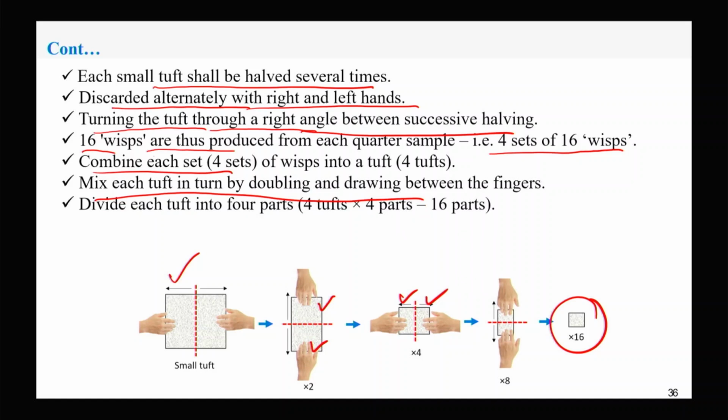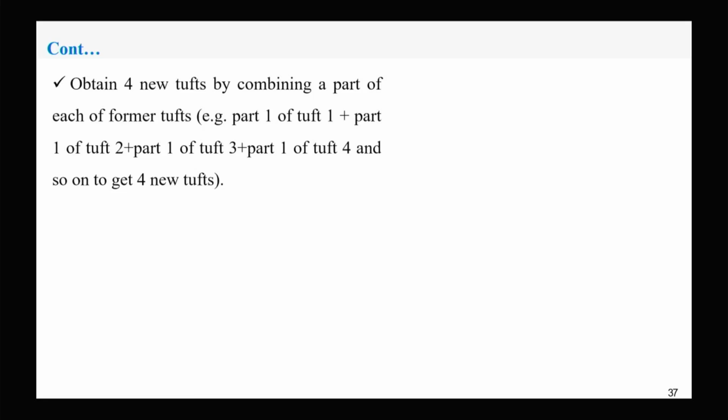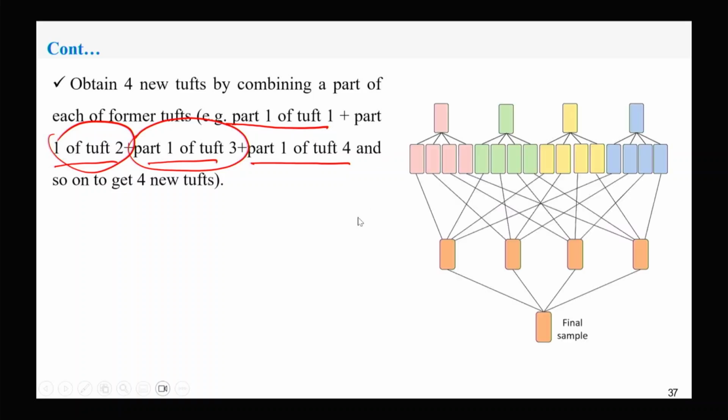Then again divide it into 4 parts, as I have explained: part 1 of tuft 1, part 1 of tuft 2, part 1 of tuft 3, part 1 of tuft 4. Then part 2 of tuft 1, and in this way we will get the 4 new tufts. This is explained here.